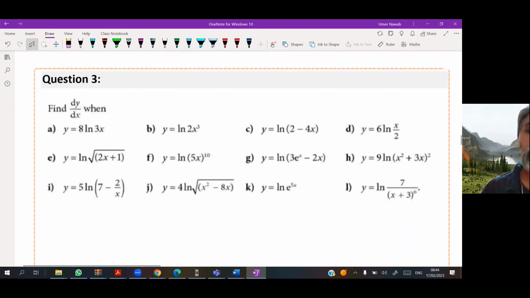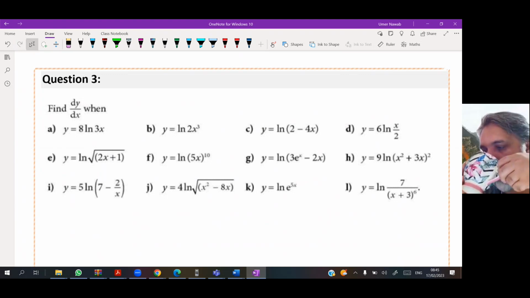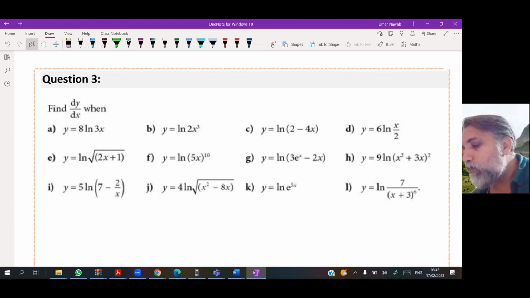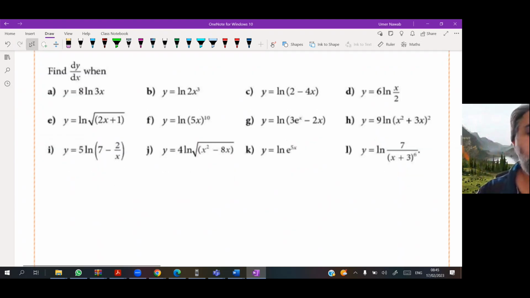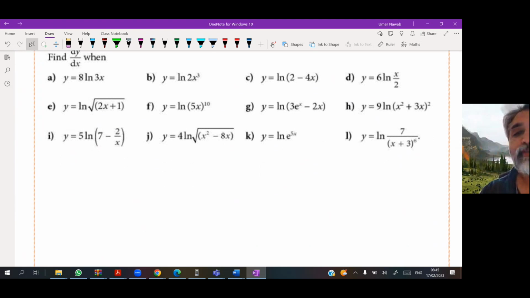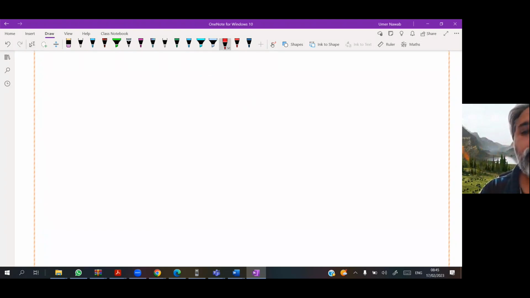The next question number 3 is related to logarithms. So for logarithms, boys, you need to recall what I have taught you in logarithmic functions. So let us revise.